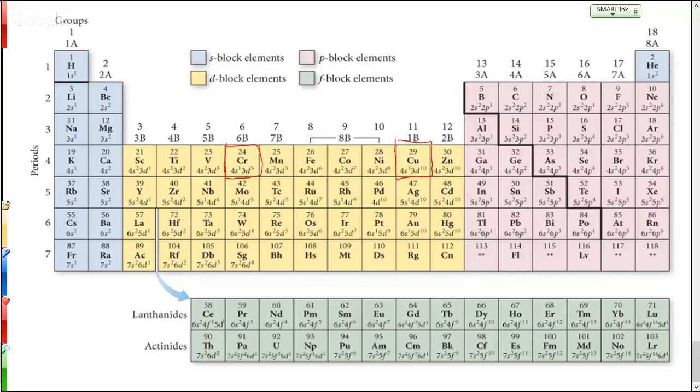So they would be d4 if we promoted 2 up to the s. But there's another special situation where having a half-full orbital is stable. And so that's enough of a stabilizing factor to prevent that second electron from being bumped up into the 4s. And it actually stays in the 3d. So chromium ends up being 4s1, 3d5. Copper ends up being 4s1, 3d10.